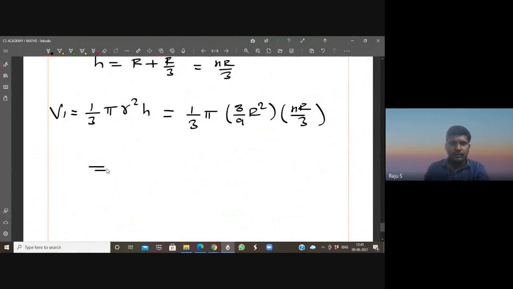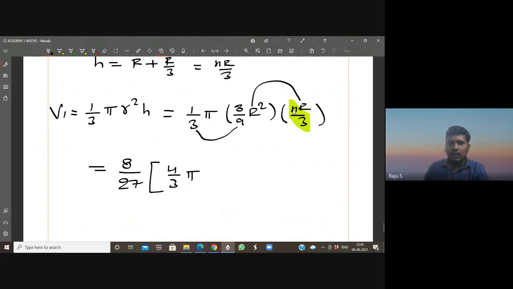So this is clearly equal to 8 by 27. This 8 I want to take outside, by 27 I want to write here because 3 nines are 27. The remaining value I want to write in the bracket: 4 by 3 pi capital R cube.